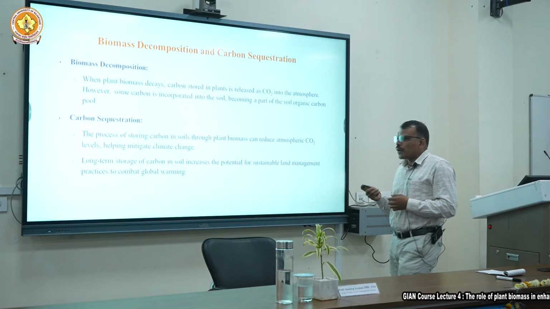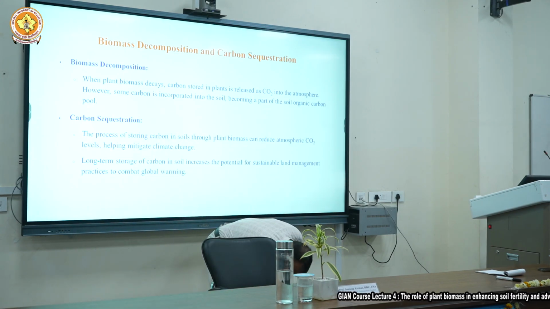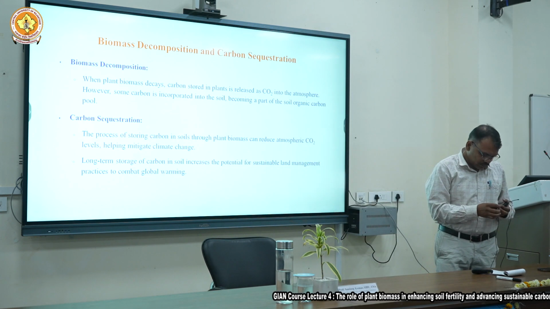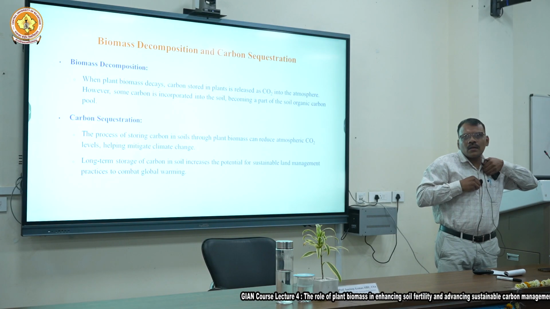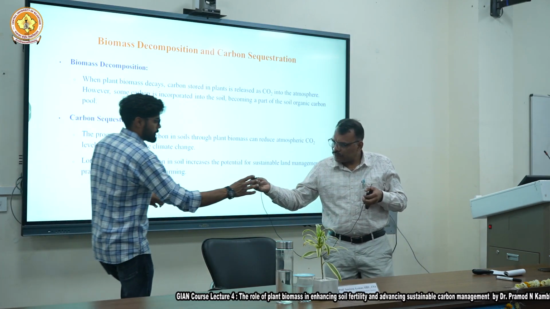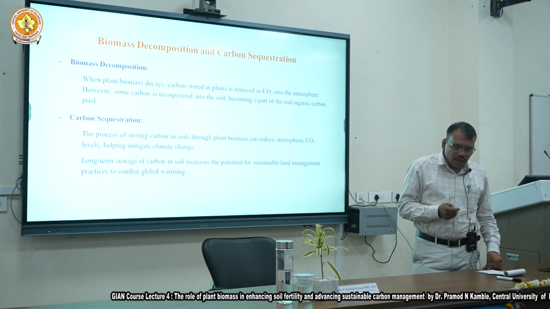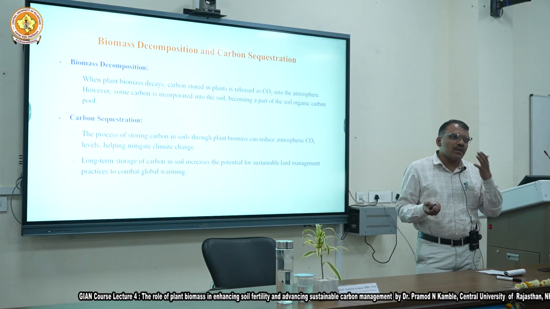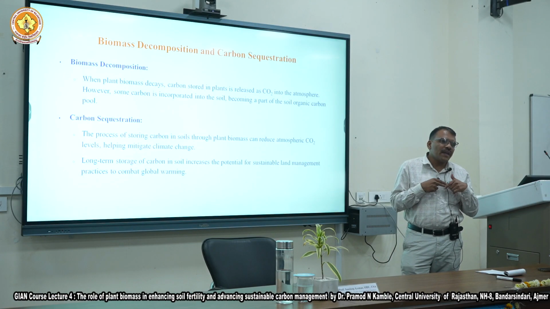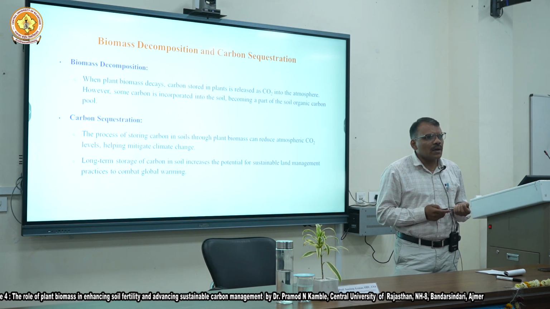The plant absorbs atmospheric CO2, and when it comes to the rhizosphere, carbon is again released through the root zone. So root exudates are the main source of organic carbon into the soil.